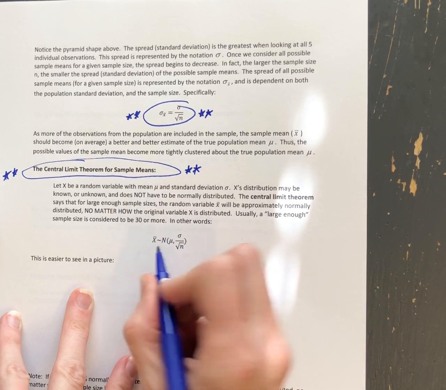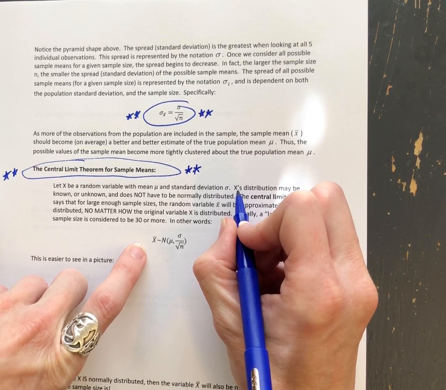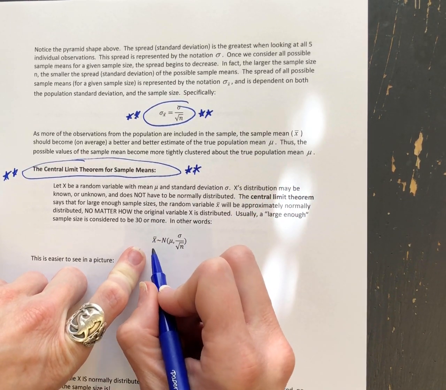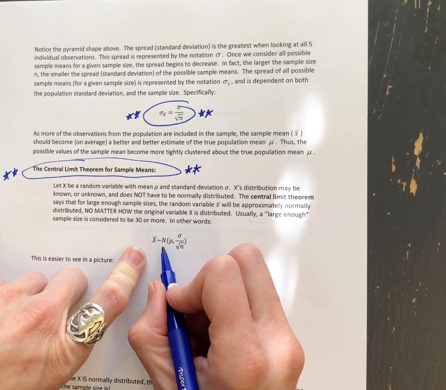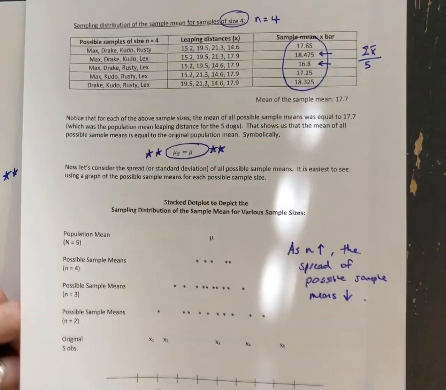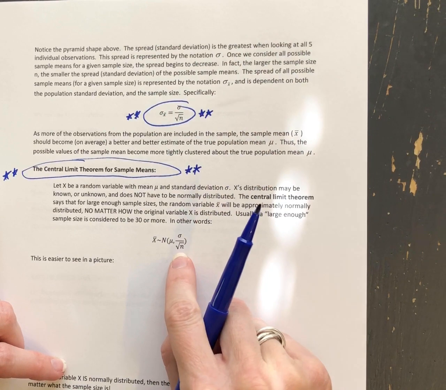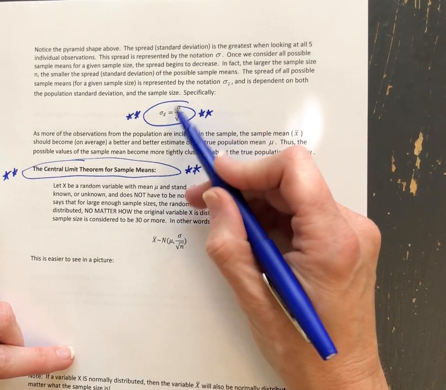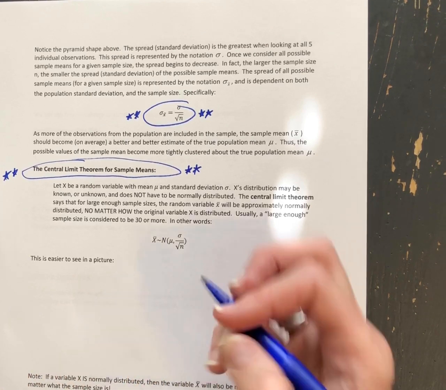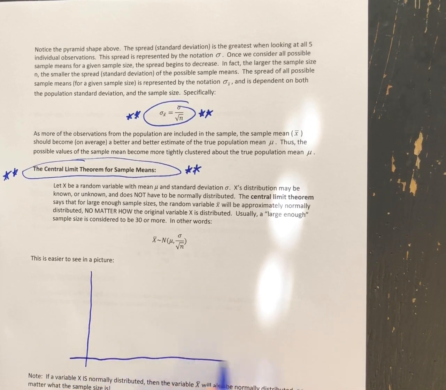We're not saying that x magically becomes normally distributed, but we're saying the distribution of all possible sample means x bar becomes approximately normally distributed with mean mu, from right here, and standard deviation sigma over the square root of n, which was right here. I'm going to show you this in a picture. I think it's easier to see.